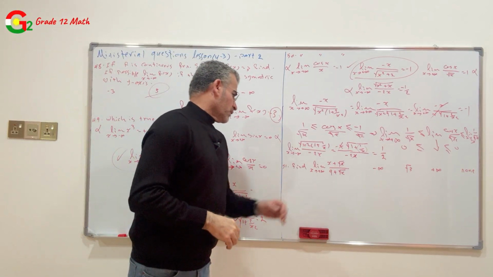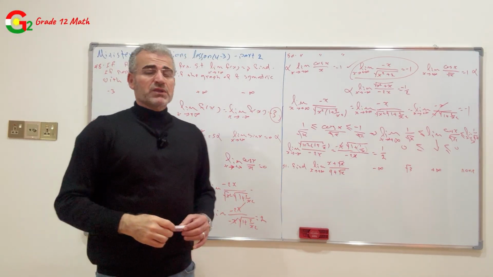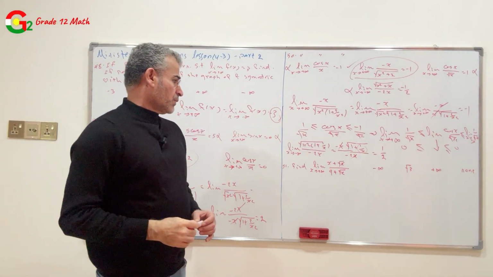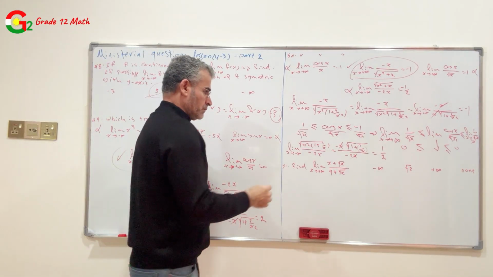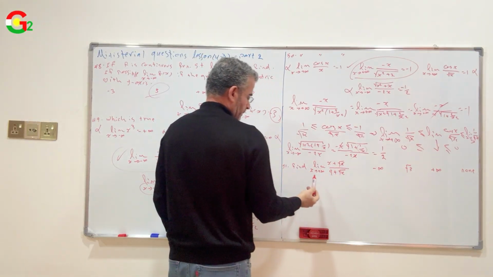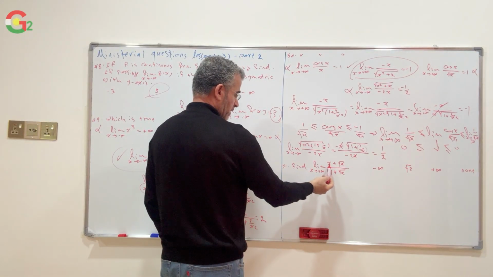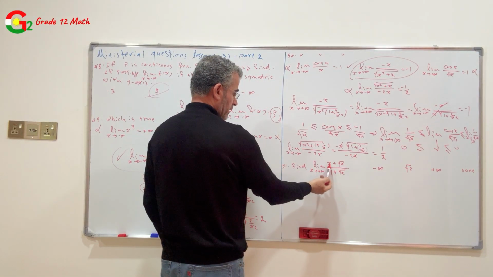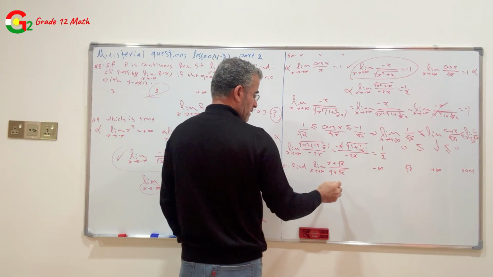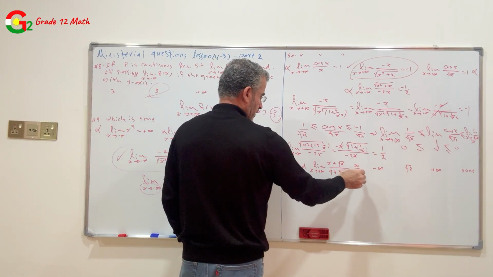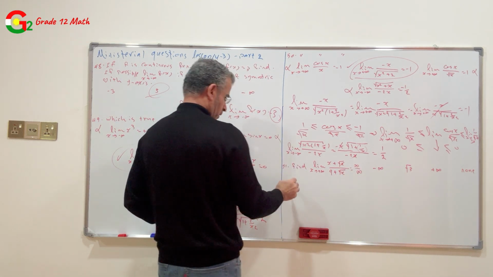Question number 51. Find the limit as x approaches positive infinity of x plus square root x over 9 plus x. If we substitute every x with infinity, infinity plus infinity, infinity over infinity, the result is infinity over infinity. Then we can use L'Hopital's rule.